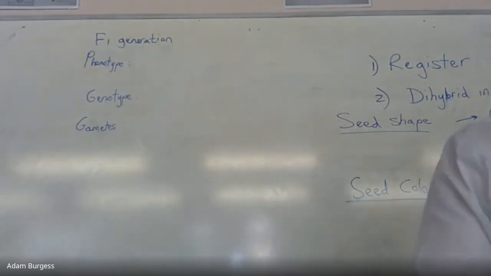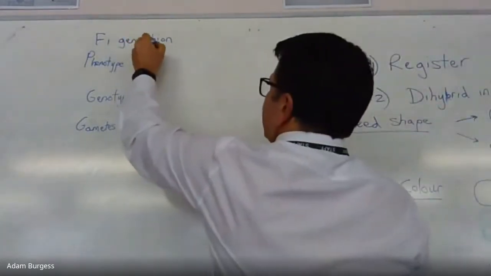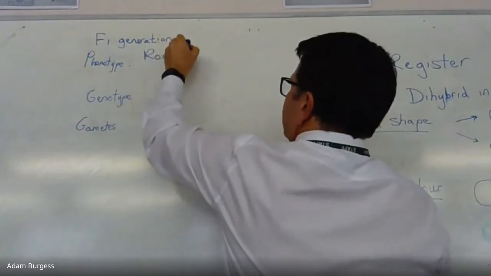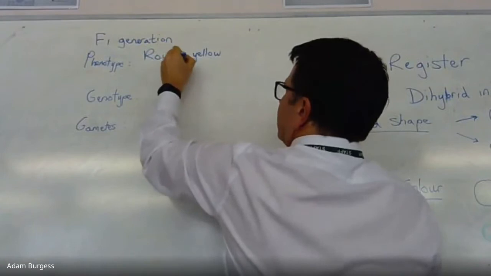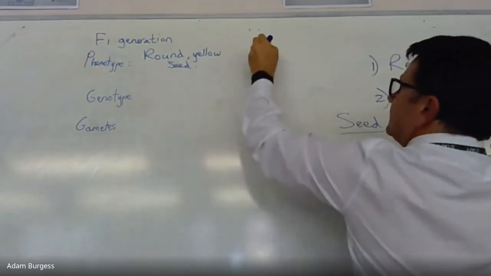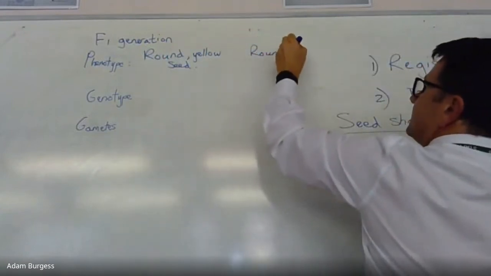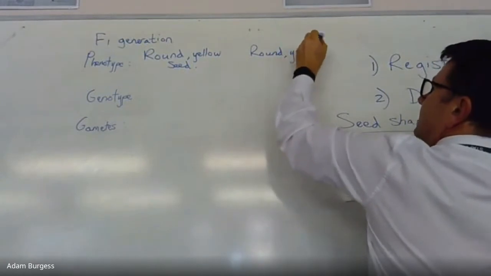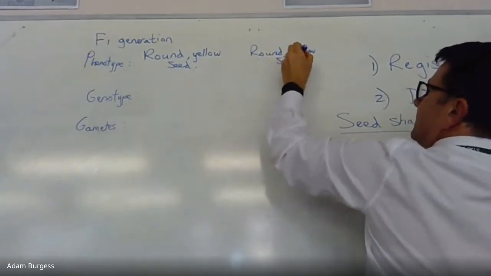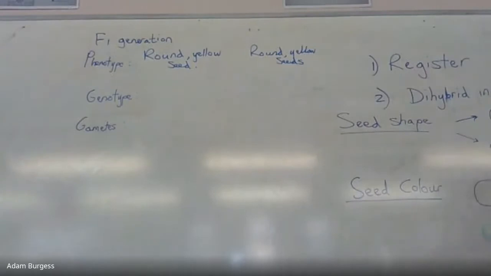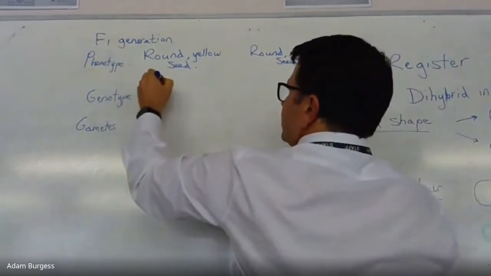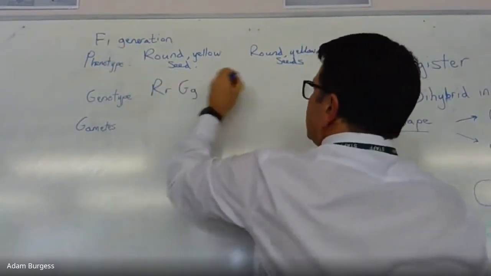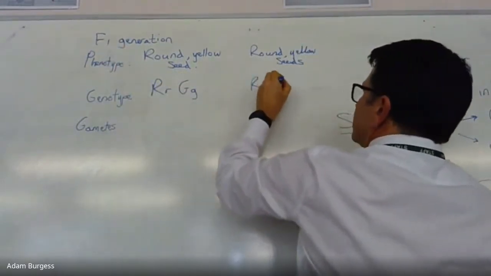They were all round yellow seeds. So remember the genotype was big R, little r, big G, little g, big R, little r, big G, little g.